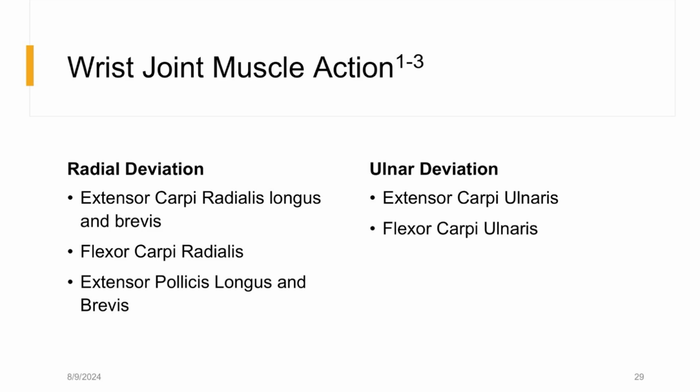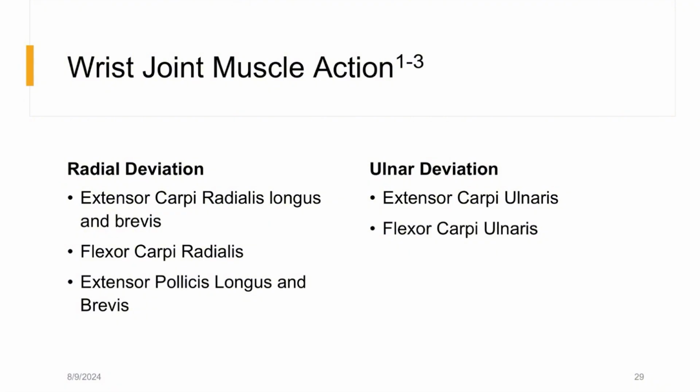So then you have to know what is going to be most responsible for radial deviation: extensor carpi radialis longus and brevis, along with flexor carpi radialis. But extensor pollicis longus and brevis does play a role, but not the majority of the muscle fibers that are going to contribute to radial deviation. Most of the muscle fibers responsible for it are your top two muscles listed. Does that make sense?